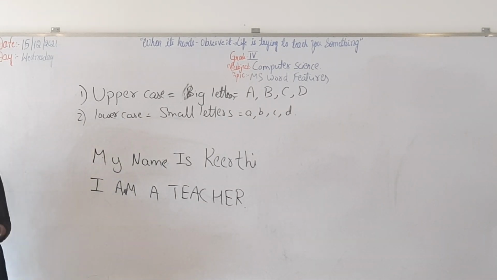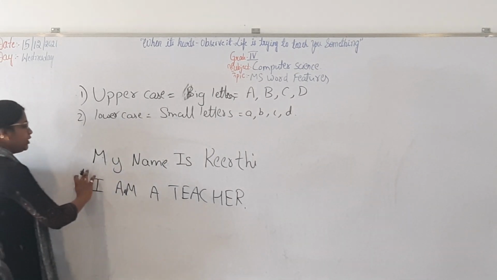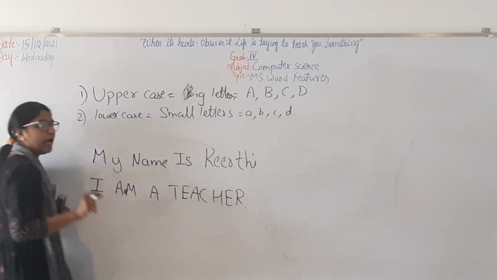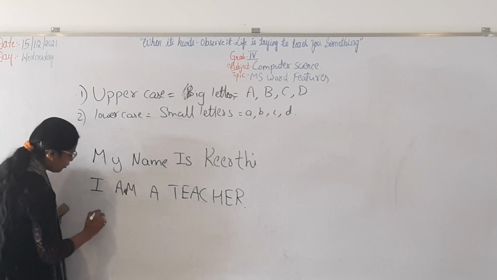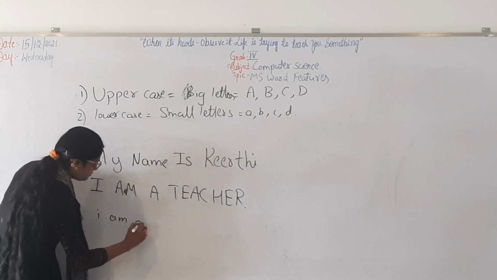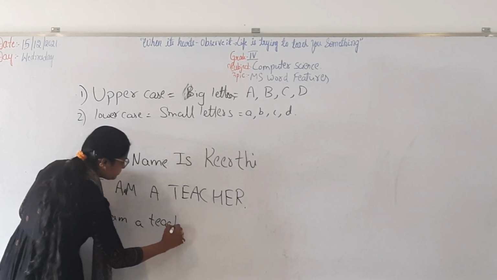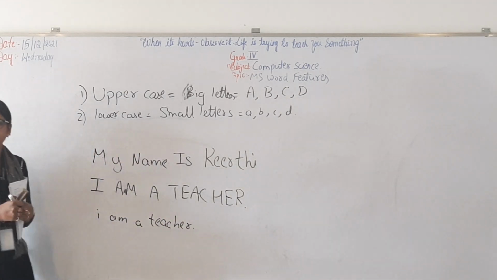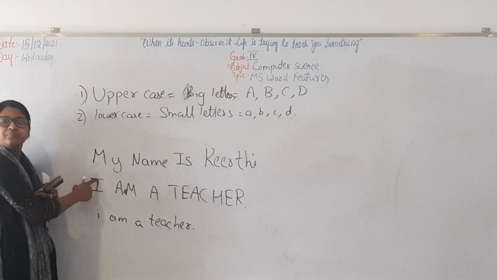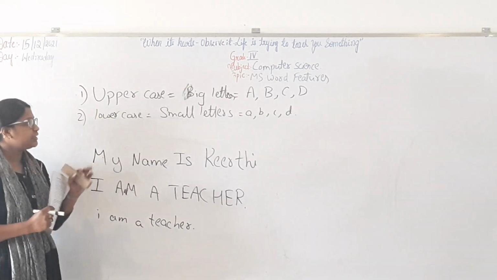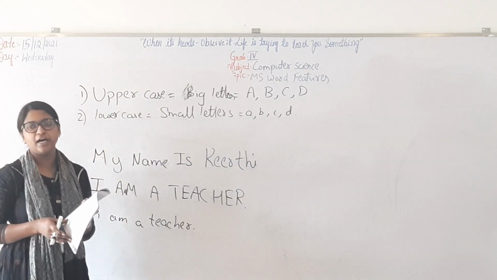By using this toggle case, when you completely select this and apply toggle case, this I am a teacher will be converted into small letters, lowercase. So uppercase will be converted into lowercase and lowercase into uppercase. These are the functions of all the 5 choices.